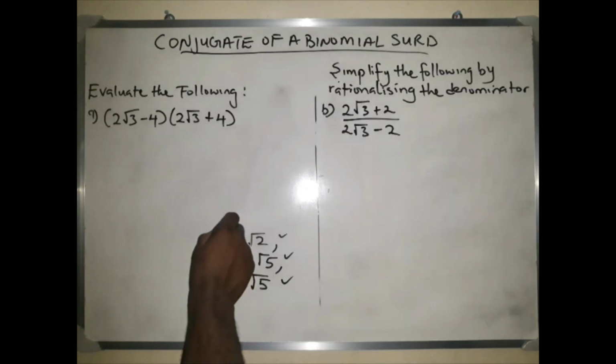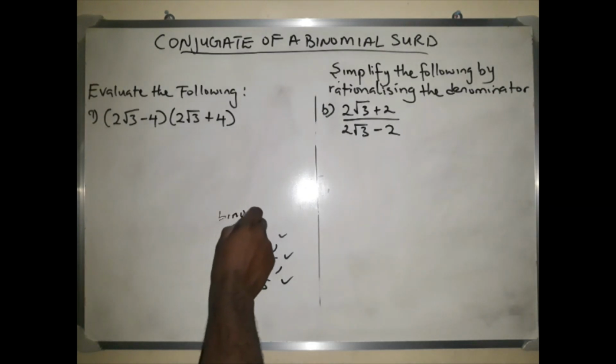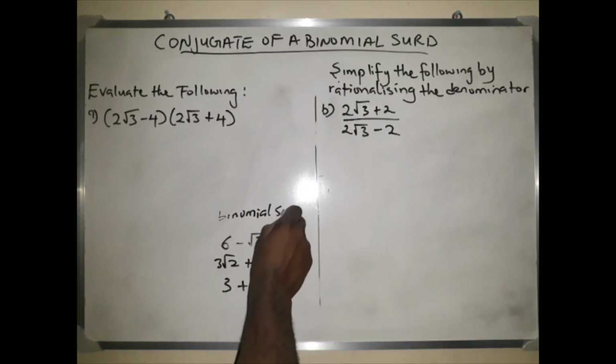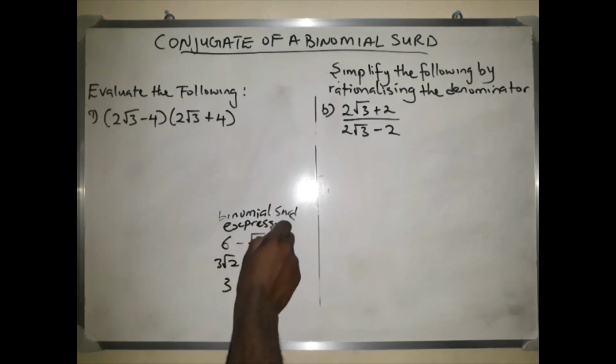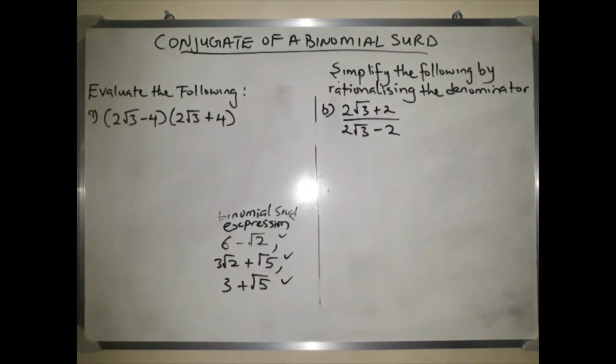So what we have on the board now is what is known as a binomial surd expression, because it's an expression that contains two terms in which at least one of the terms is a surd. Now, to rationalize a binomial surd, we use the idea of the difference of two squares.